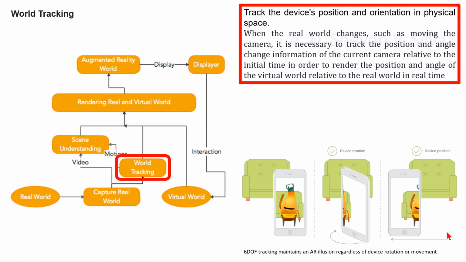Here the 6 degrees of freedom: 3 rotation axes, roll, pitch and yaw, and 3 translation axes, movement in X, Y and Z. So here you can see a device rotation and here you can see device position.